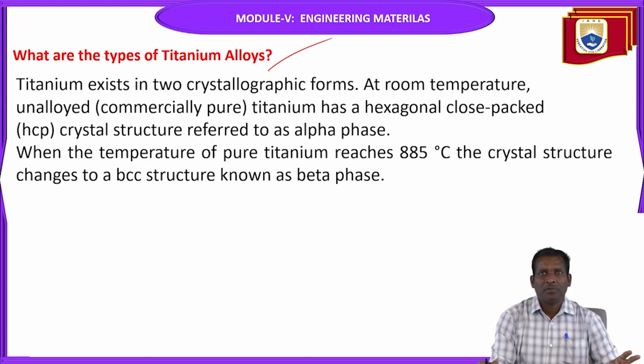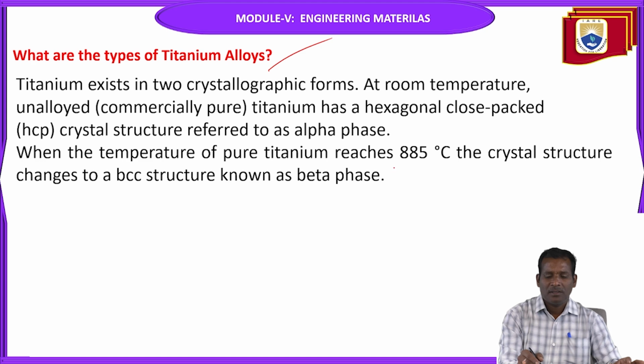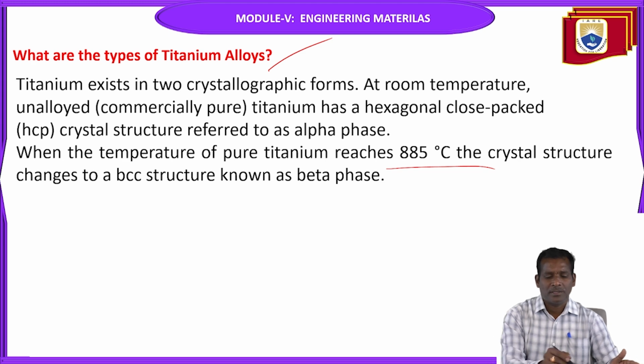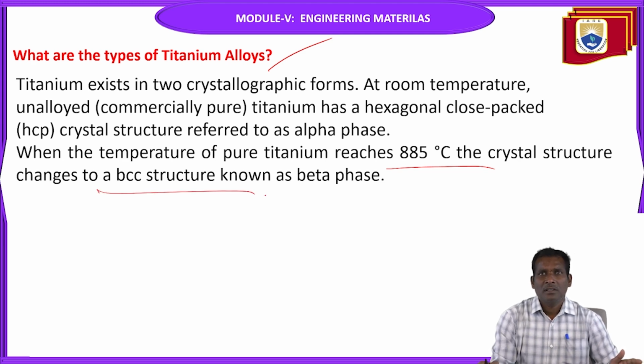When the temperature of pure titanium reaches 885 degrees centigrade, the crystal structure changes from HCP to BCC structure, known as beta phase.